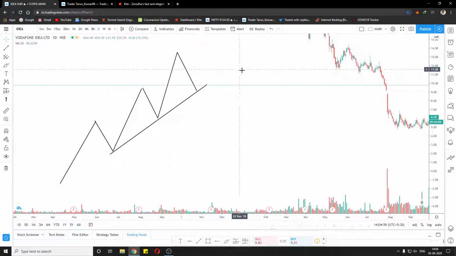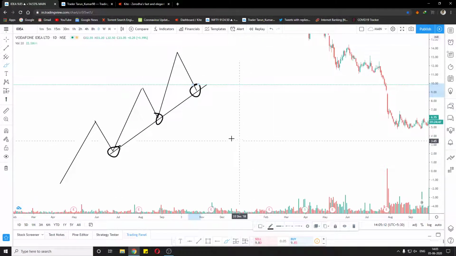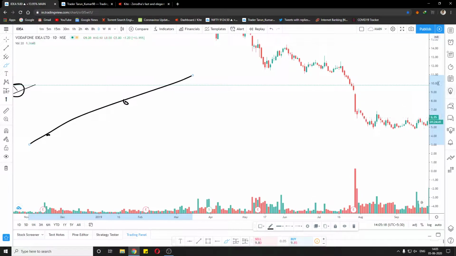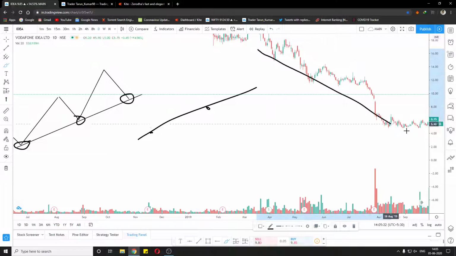Now people ask me how many points I should see before, how many touches it should have to make a trend line. I say 3 at least, because 2 dots we can connect anywhere. If there are 2 dots, it is easy to draw a trend line anywhere. I can just join 2 points anywhere and make a trend line like this, or anything.